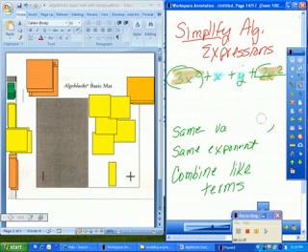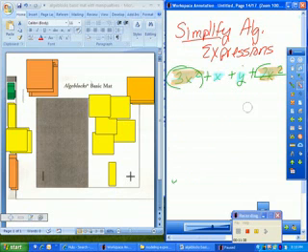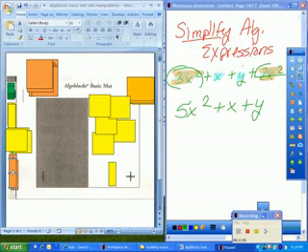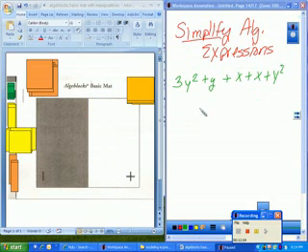So 3x squared plus 2x squared, we go back and we simplify this expression, gives us, as we found in our model a moment ago, 5x squared. So then we still got the x plus the y. They're just kind of chilling out there, hanging out. But you can put together all the x squareds into one mass term because they're like.